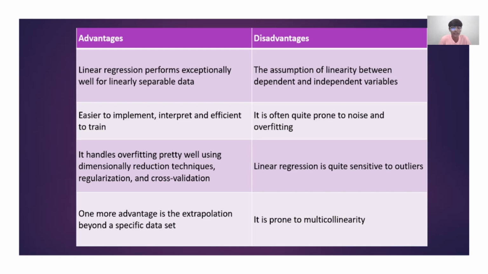It handles overfitting pretty well using dimensionality reduction techniques, regularization and cross-validation. Whereas linear regression is quite sensitive to outliers. One more advantage is the exploration beyond a specific dataset. It is prone to multicollinearity.